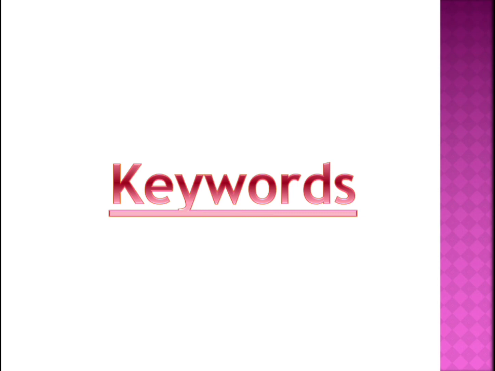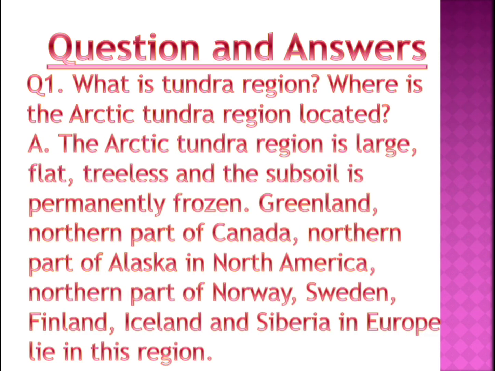Coming to your question answers. What is tundra region? Where is the Arctic tundra region located? So the Arctic tundra region is large, it's treeless, it's flat, and the soil is permanently frozen. And what are the regions where you can see this Arctic tundra region? Northern parts of Canada, Greenland, northern parts of Norway, Sweden, Finland, Iceland, Siberia, isn't it?